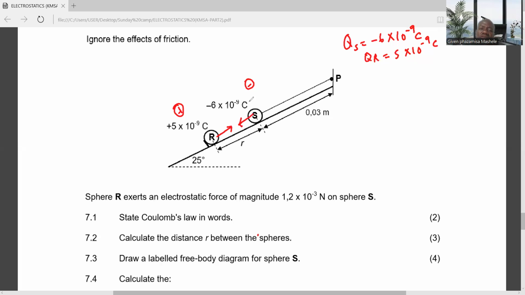So the force on R due to S and the force on S due to R are equal. We're given that the force between charge R and S is 1.2 times 10 to the power minus 3 Newton.